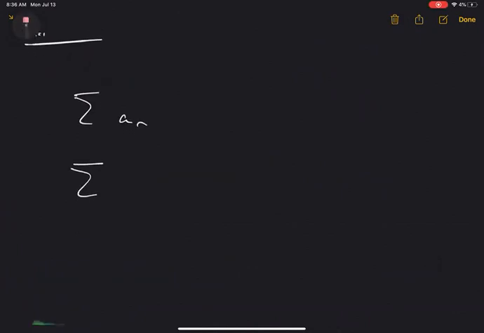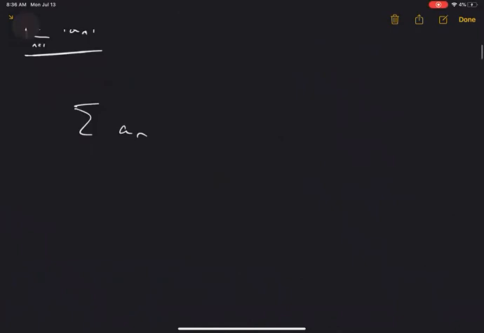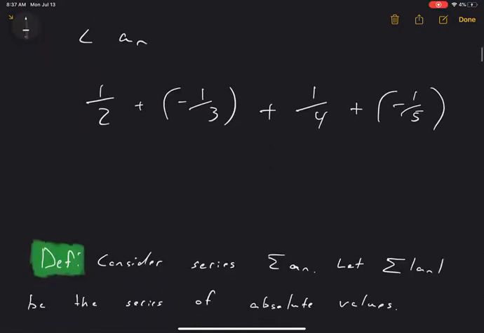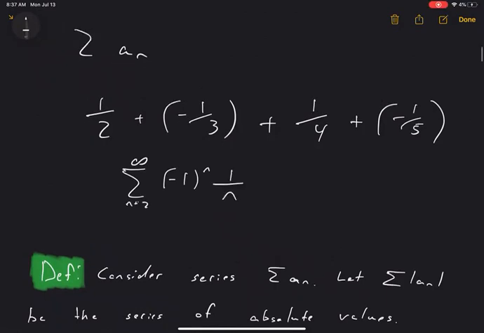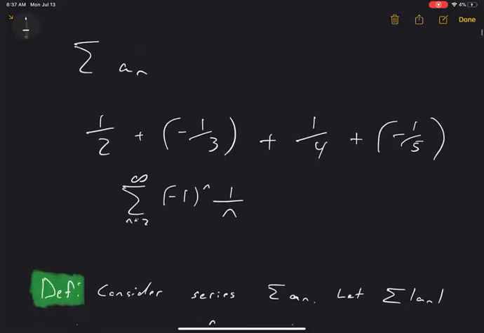So let's say our series a_n equals 1/2 plus negative 1/3 plus 1/4 plus negative 1/5 and so on. Maybe this is the alternating harmonic series, starting at 2.